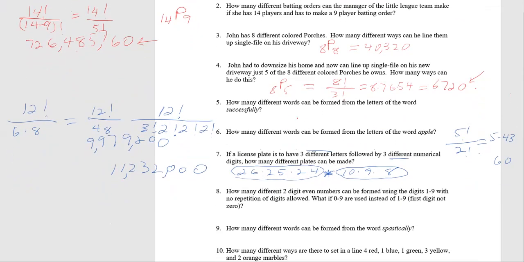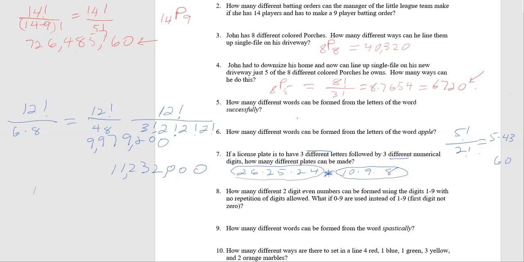Well, here's an interesting one, number 8. You got to think about this one. I mean, there is one way, if you literally went through and wrote all the numbers, because we're looking at 2-digit even numbers using 1 through 9. So we're really looking at the numbers starting at, 2 digits, not using a 0.